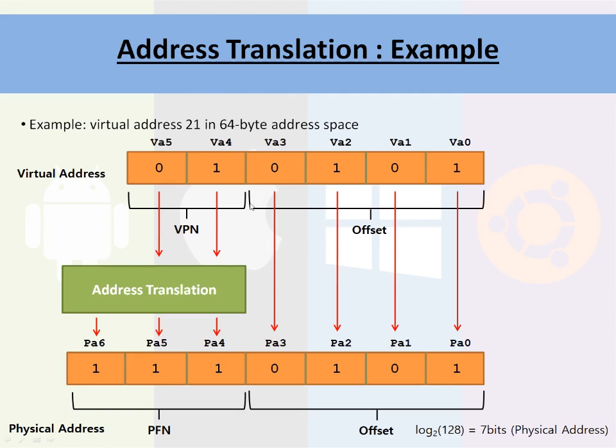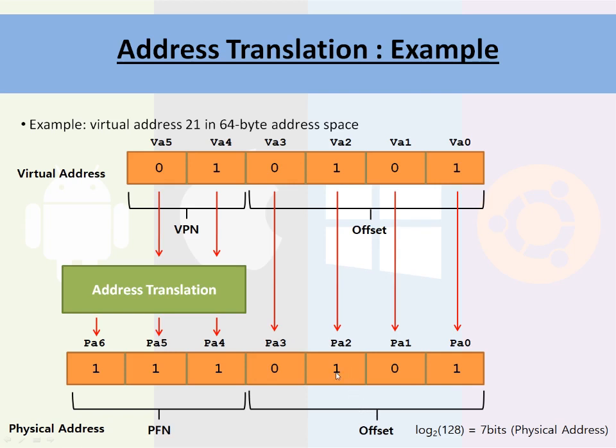Now when we're doing the translation in paging, because the page size and the page frame size are the same, the offset remains the same. So we can just carry that down. So when we had 0101 as the offset in our virtual address, the sizes are exactly the same, so the 0101 becomes our offset in the physical address.